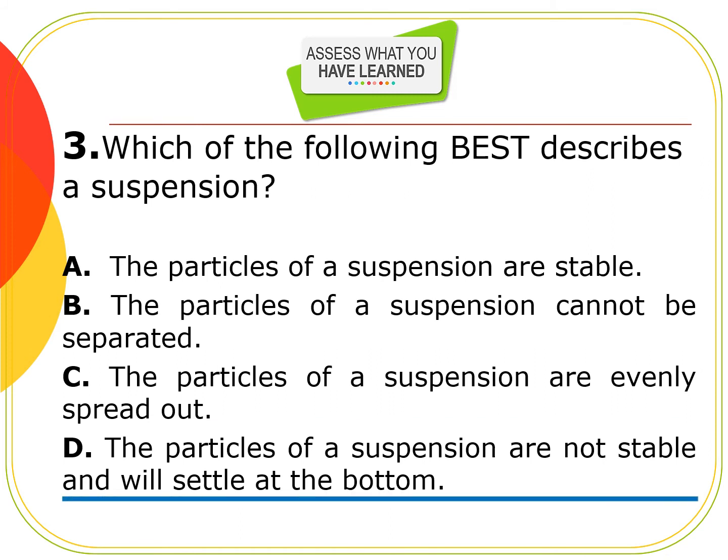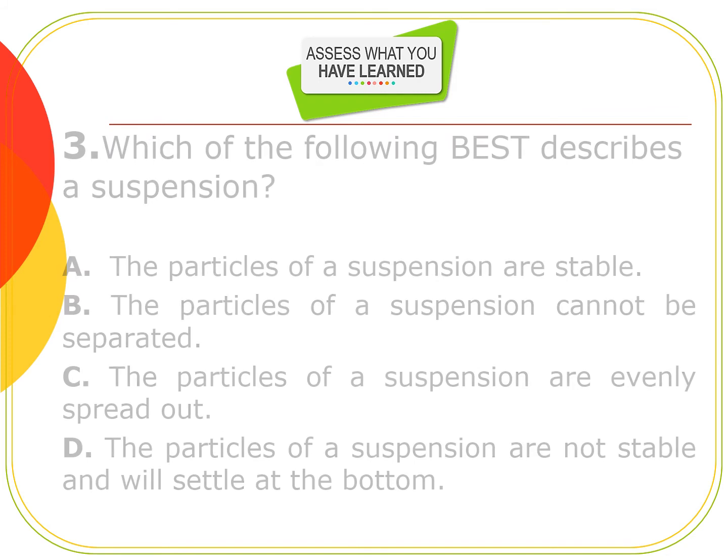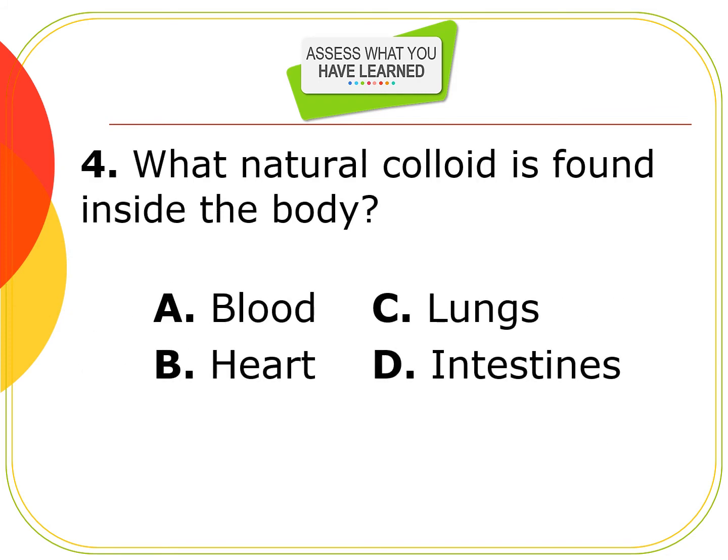Letter D. The particles of a suspension are not stable and will settle at the bottom. Number 4. What natural colloid is found inside the body? A. Blood, B. Heart, C. Lungs, D. Intestines.